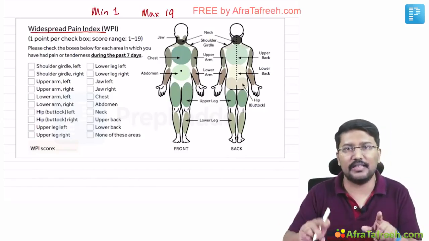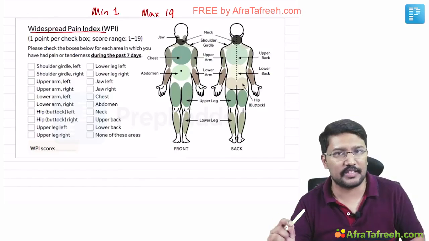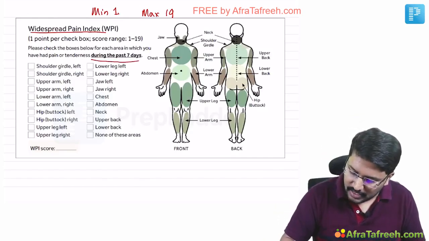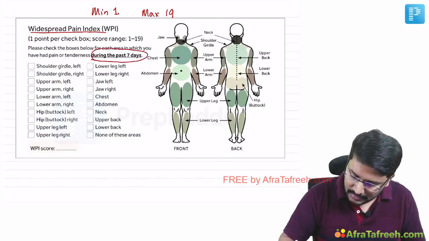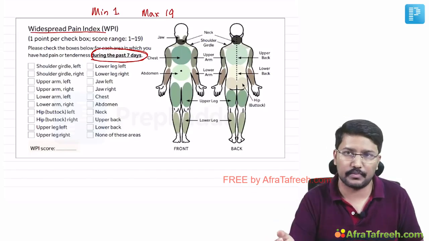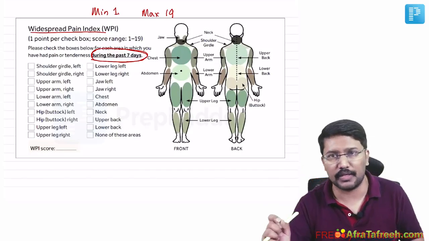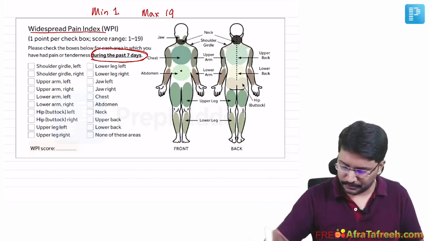The patient selects the areas and ticks wherever he is experiencing pain, and particularly note that the entries are based on his last 7 days of experience of pain. So the past 7 days is what is taken into account. The same thing holds good for the symptom severity score also.